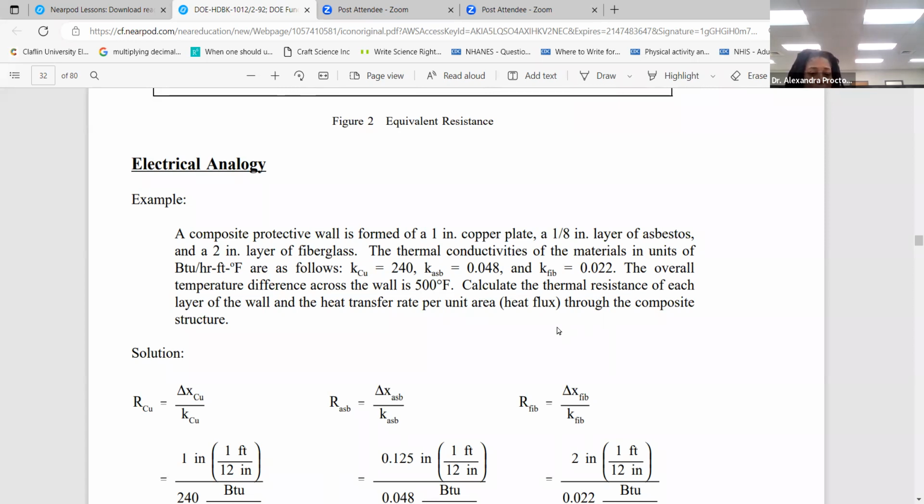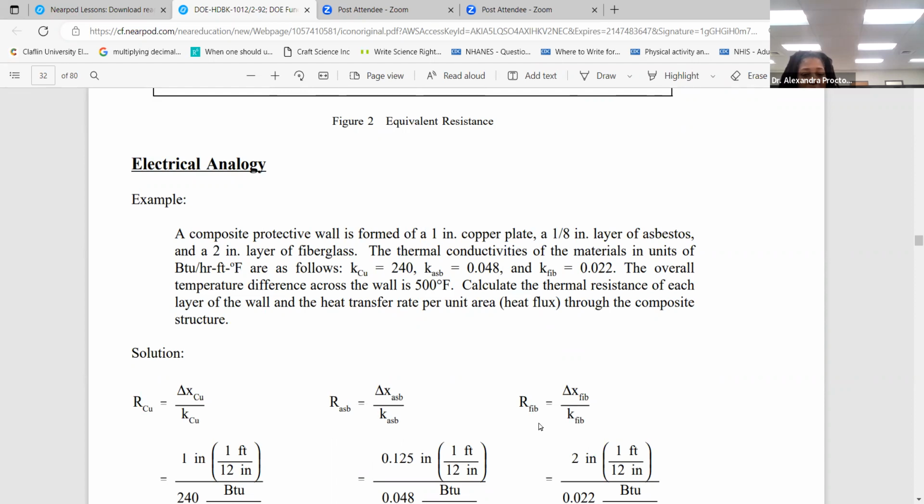The overall temperature difference across the wall is 500 degrees Fahrenheit, and they ask you to calculate the thermal resistance of each layer of the wall and the heat transfer rate per unit area, which is the heat flux through the composite structure.